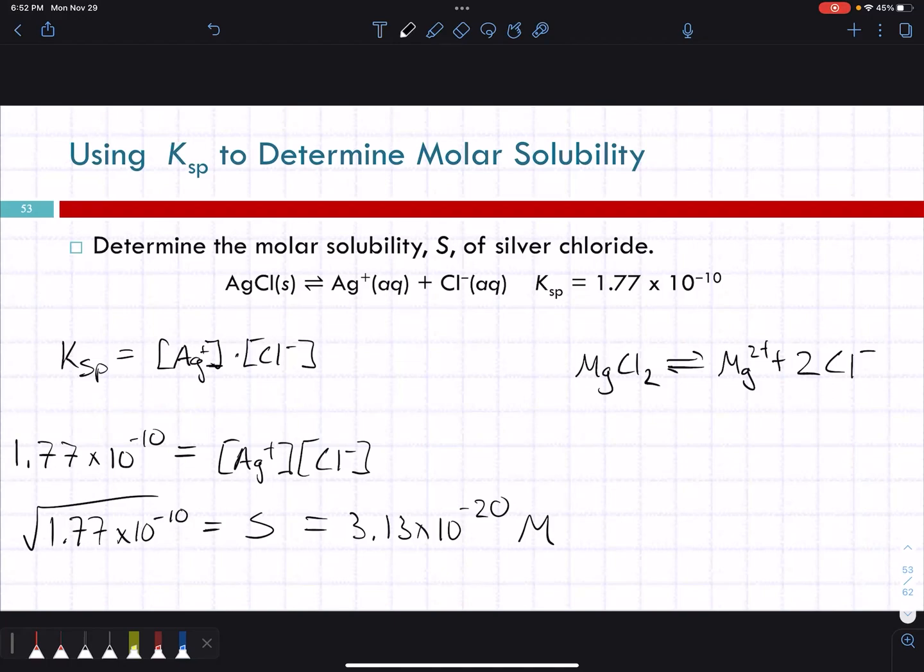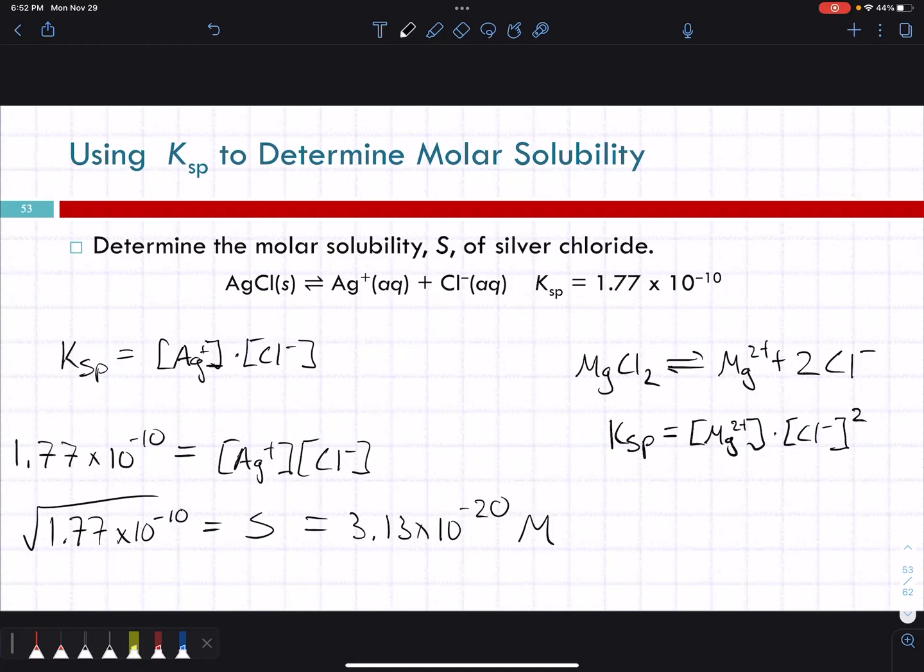So then our equation for Ksp is going to be magnesium times chlorine squared. But all 3 of those ions came from a single magnesium chloride, and we want to know the number of moles of the magnesium chloride that can dissolve, not the total concentration of all of the ions that it dissolves into.